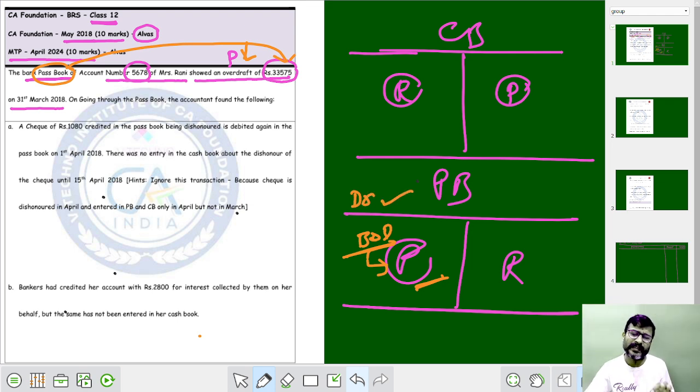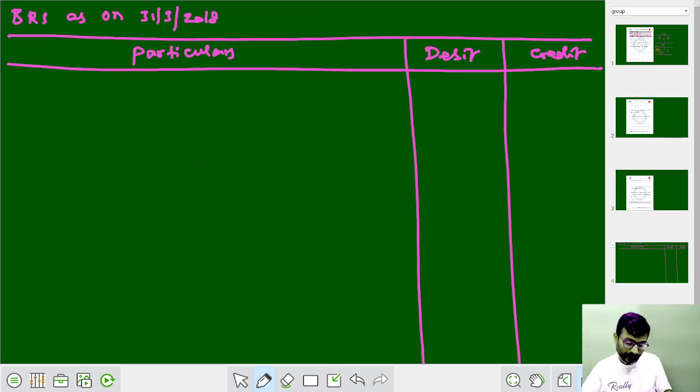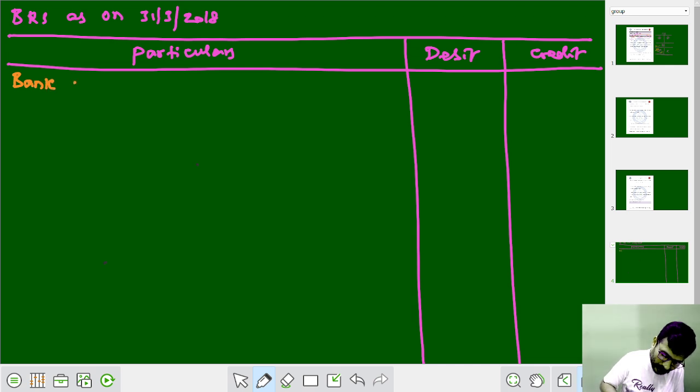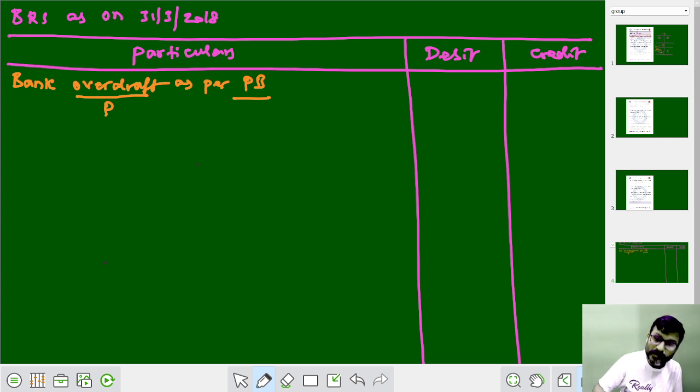As far as the first transaction is concerned, as we know, it is to be entered on the same side. Is it right, my dear kids? See here what happened in the problem. We have to write bank overdraft as per which book? Passbook. Overdraft means payment. Passbook means which side?